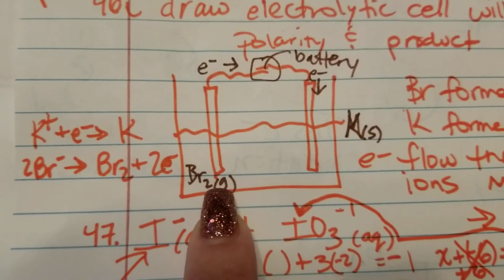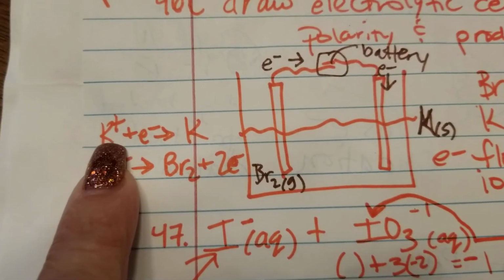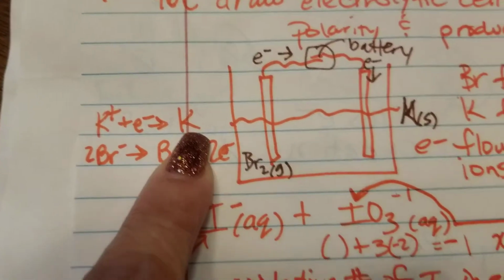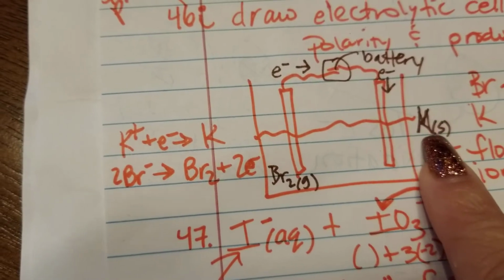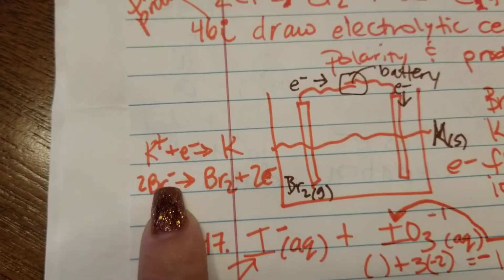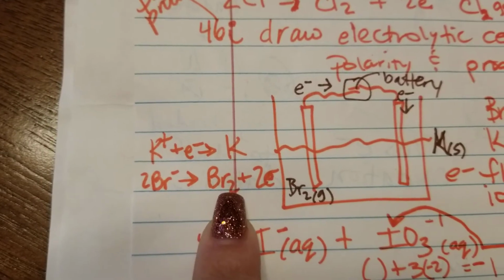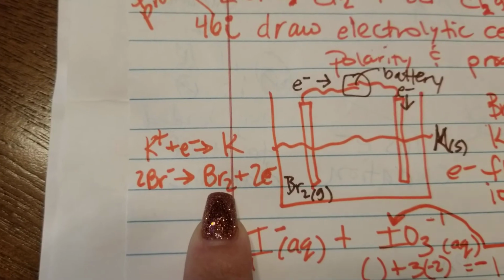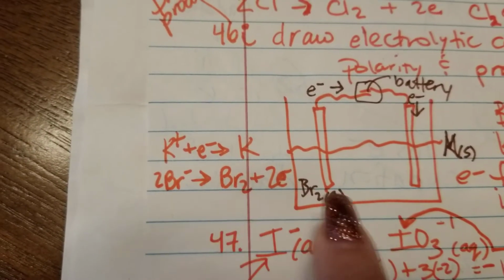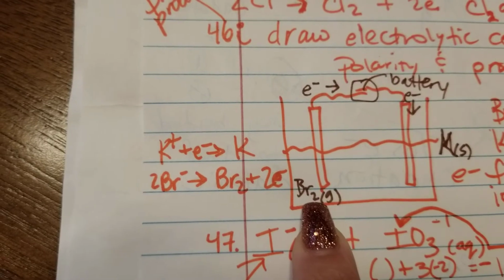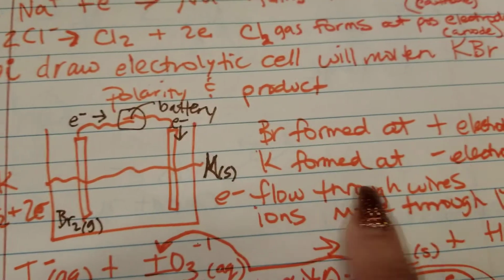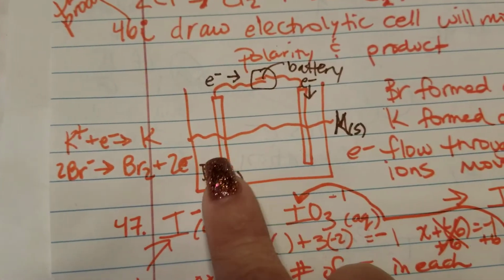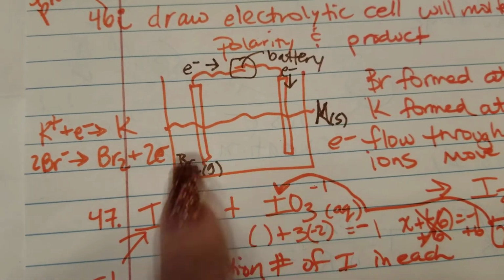So what do the reactions look like? The potassium is a positive ion, gains an electron, becomes solid potassium. The bromide ions, you need 2 of them to form the bromine diatomic molecule, right? You guys know Brinkelhoff. And so this is the reaction for that. Remember that the bromine is going to be formed at the positive electrode, so you'll want to label this as the positive electrode.